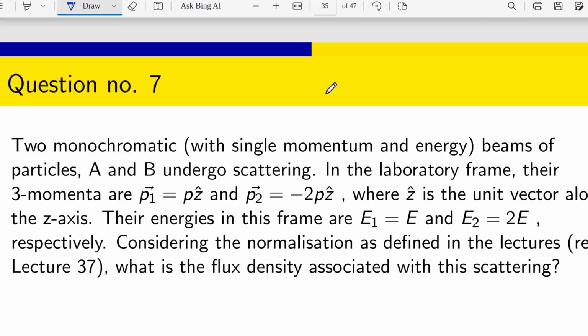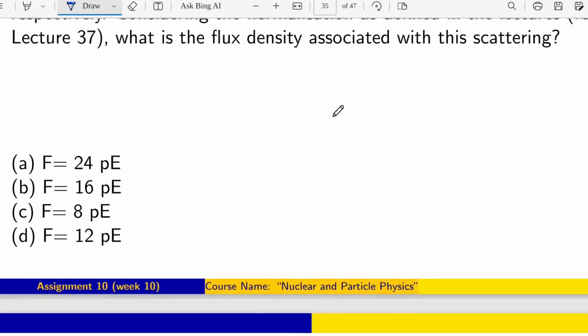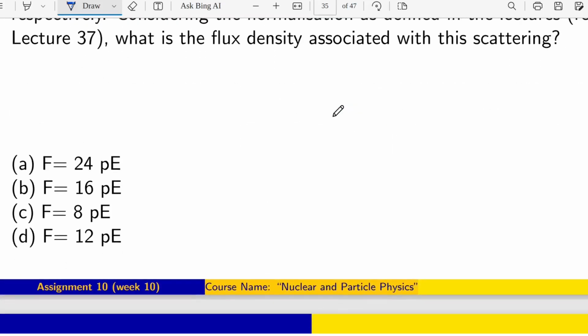Their energies in this frame are E1 equals E and E2 equals 2E respectively. Considering the normalization as defined in the lectures, refer to lecture 37, what is the flux density associated with this scattering? The options are F equals 24 PE, 16 PE, 8 PE and 12 PE.